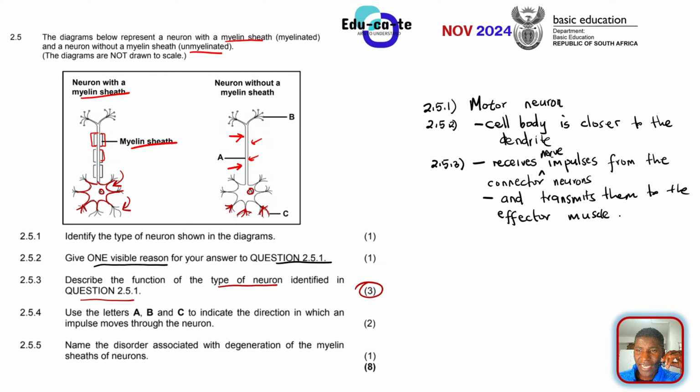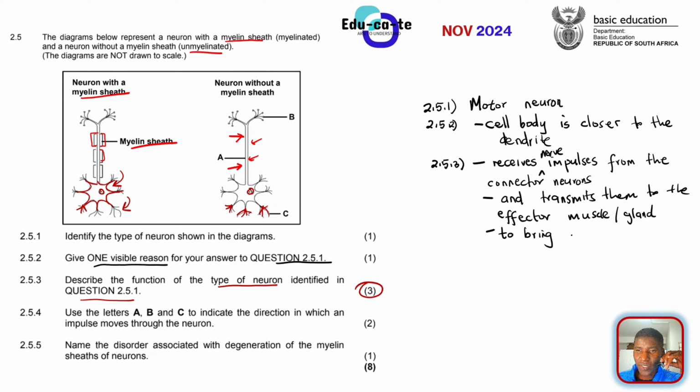You must mention that the effector must be a muscle or gland. So that it does what? Why does the effector, the muscle or gland, receive the impulses? So that there must be a response. So here it is to bring about a response.